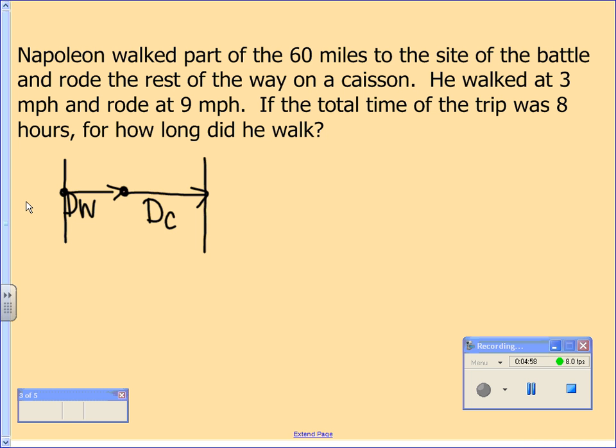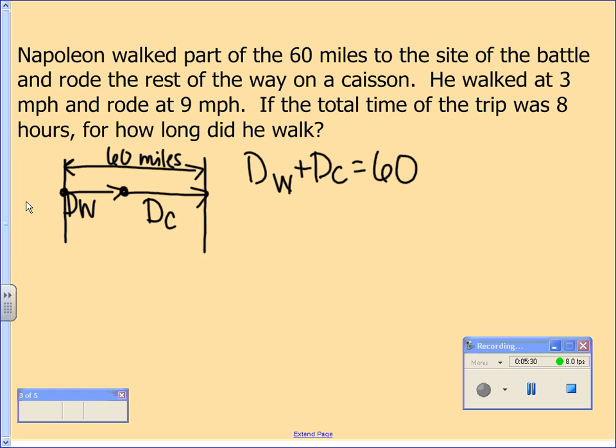Does that make sense? What do we know about this total distance? It tells us that total distance was 60 miles. Does that make sense? So the distance walking plus the distance that he was riding equals what? Does that make sense?